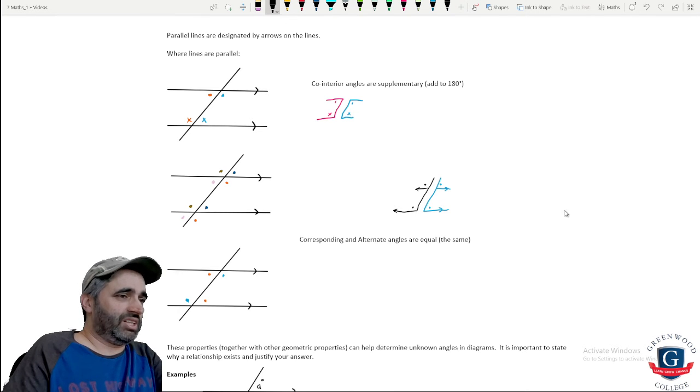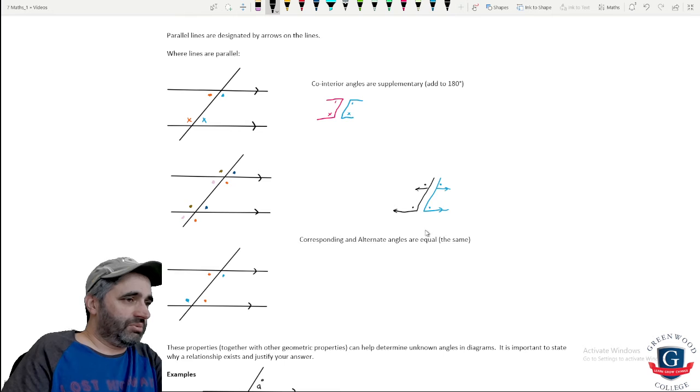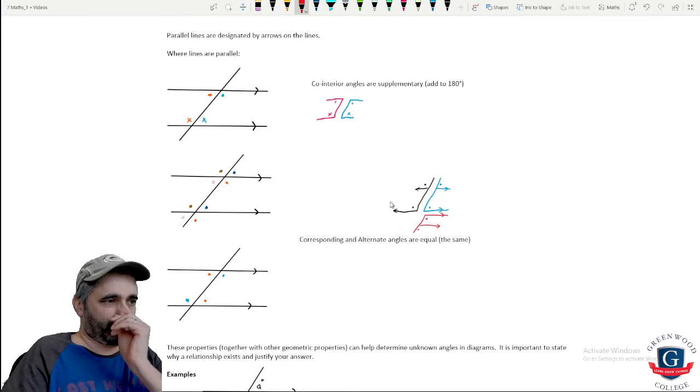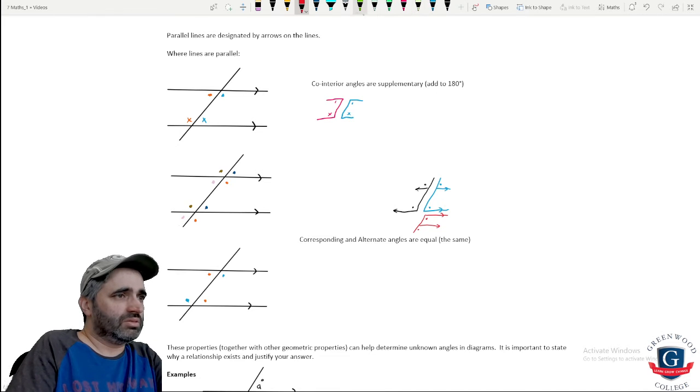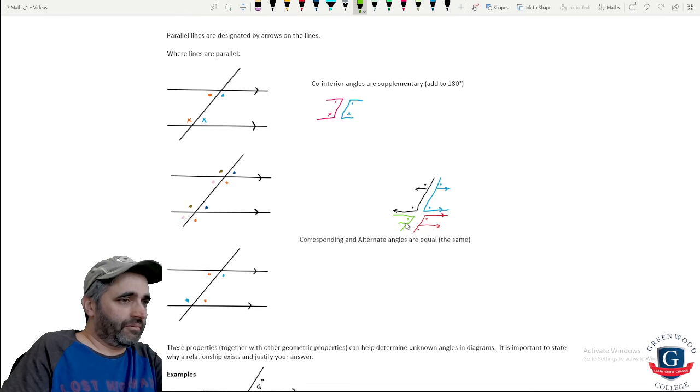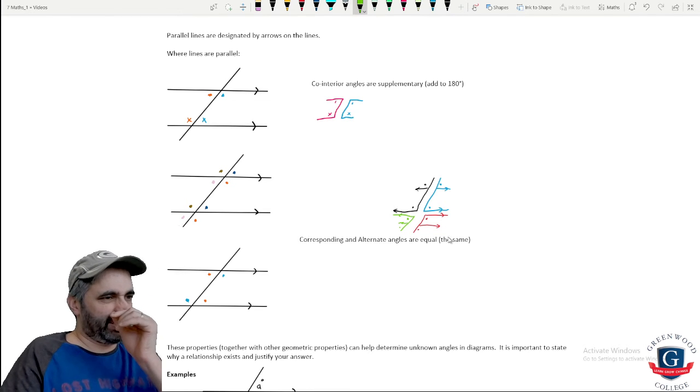And that one, if you have a look at them, they kind of look like an upside down F. If I did this one down the bottom here, that would be this one and this one, so that's these two. And for the pink one, that one and that one. And they're the parallel lines. Well, you kind of get the idea.